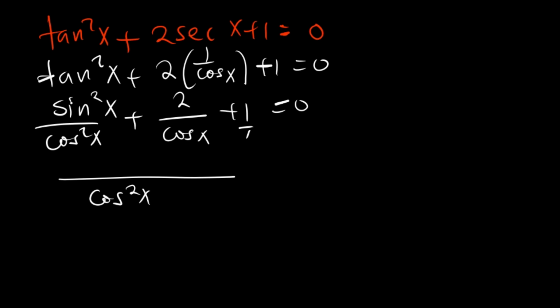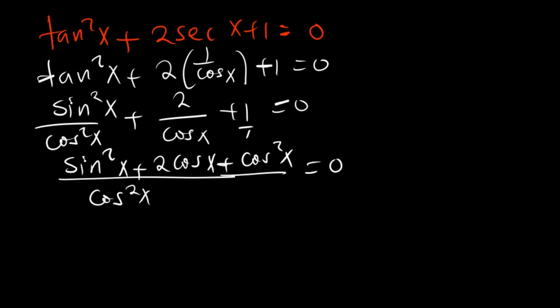So this into that one times that one, I'll have sine squared x plus, here I'll have just cos times that one, it will be 2 cos x. Then here I'm going to have 1 into cos squared, which is going to be cos squared x is equal to 0.